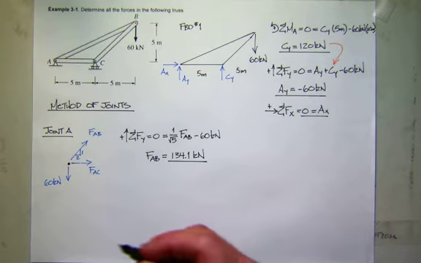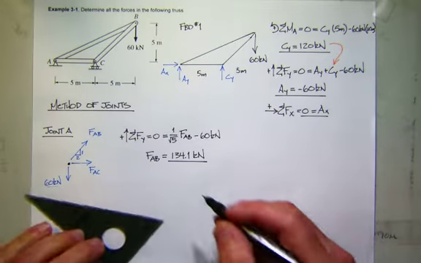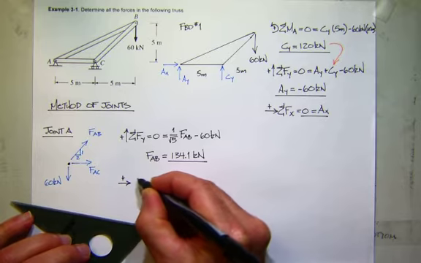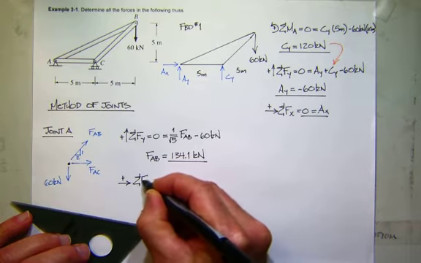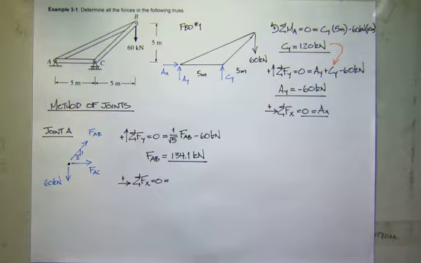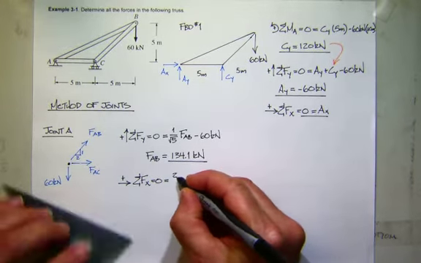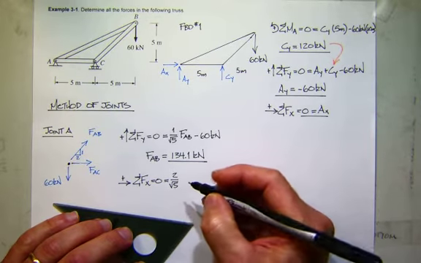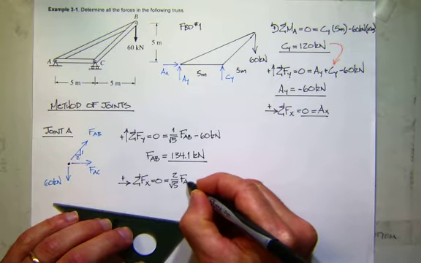So, Mr. Wynn, what's next? Yeah, let's sum forces in the x direction. So what is the sum of the forces in the x direction? 2 over the square root of 5. Right, so 2 over the square root of 5 is the x component of AB.